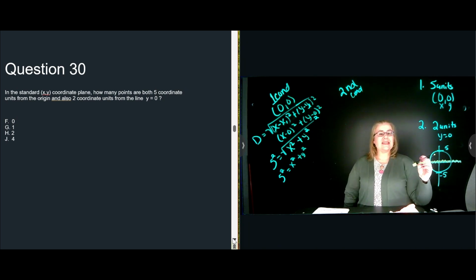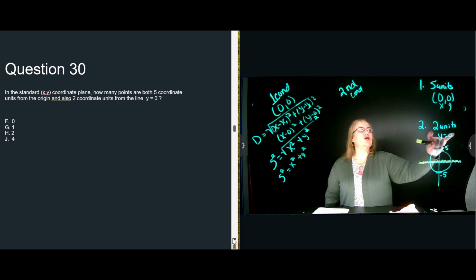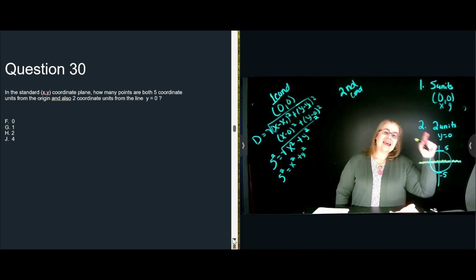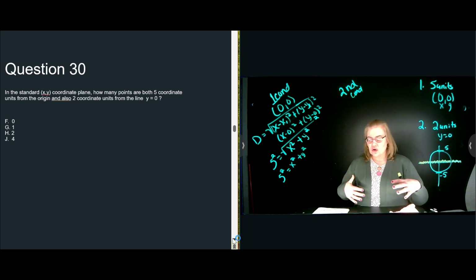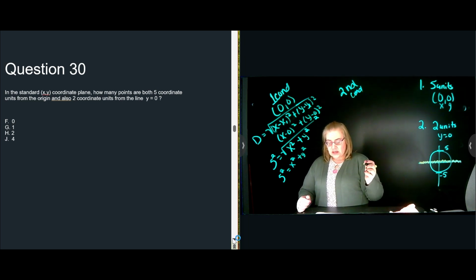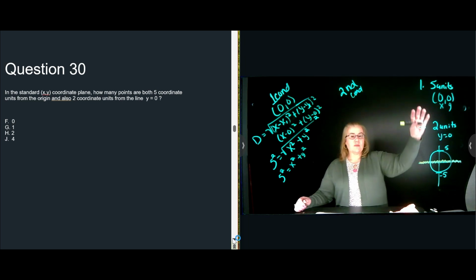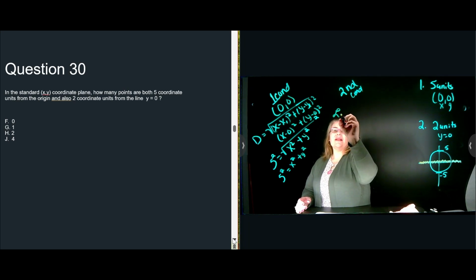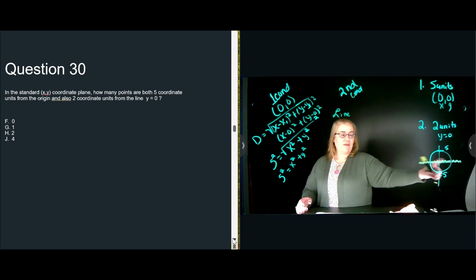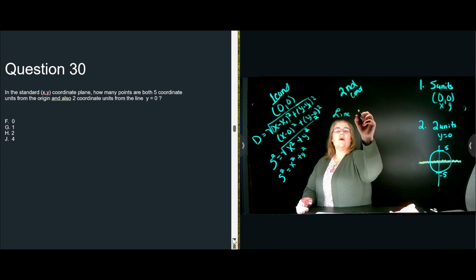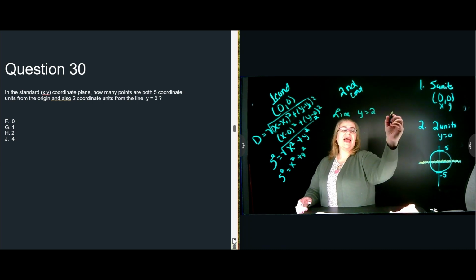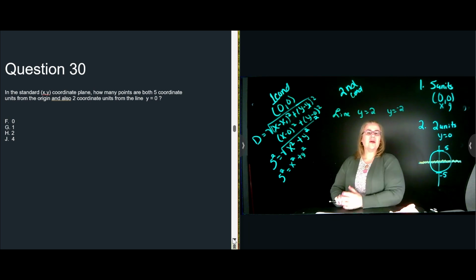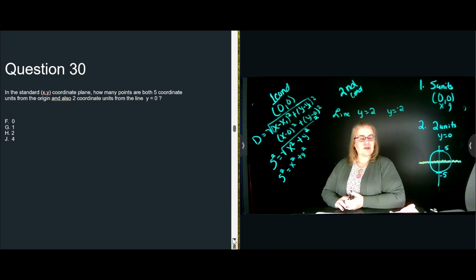So in the second condition, I need to know the points 2 units away from where y equals 0, inside or on that circle. So this circle, we said, was going up 5 and going down 5. Now I need to know about the lines that we have already indicated, where y is 2 and y is negative 2. Why are you saying 2 and negative 2?